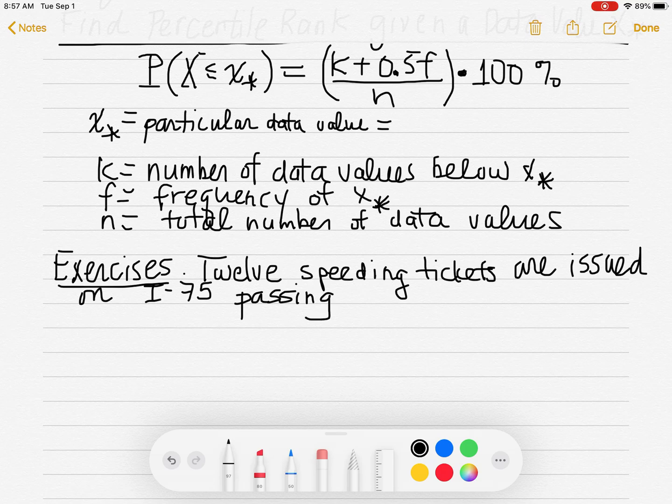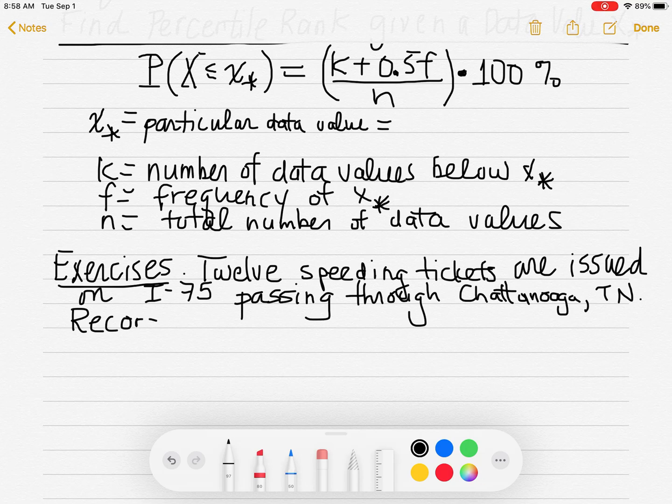I-75 goes through Chattanooga down to Atlanta, Georgia. Recorded speeds are listed in miles per hour. Okay, here's the data.